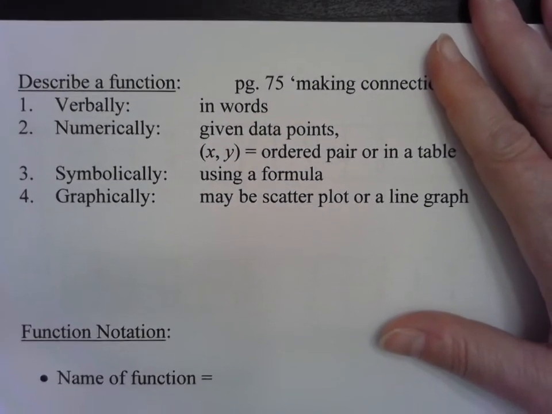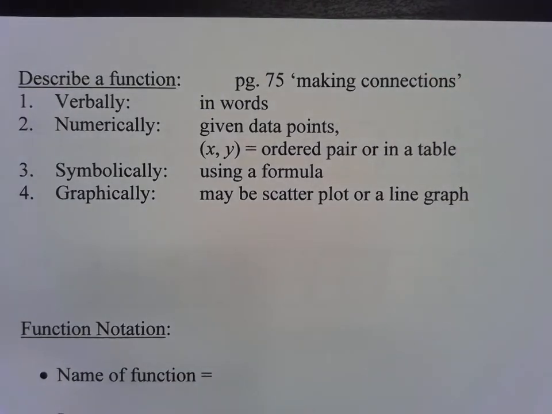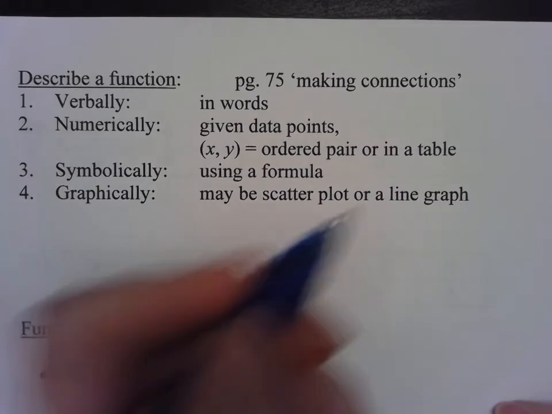So we're going to look at several different ways of describing a function. You can do it verbally. I've just given you a couple examples in words. You could describe a relationship, right? So in words, you could just describe a function numerically, given some data points. Usually this is in a table.